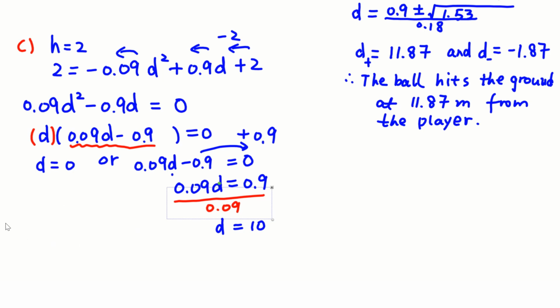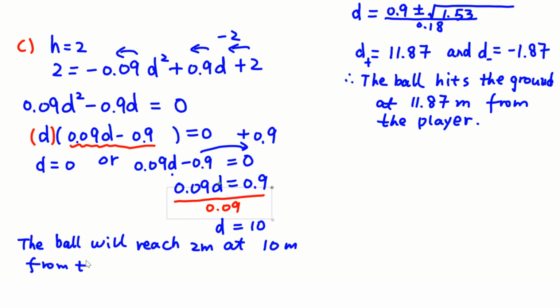So from the graph, we know that the ball will reach 2 meters at 10 meters from the player. d equals 0 will be the initial height.